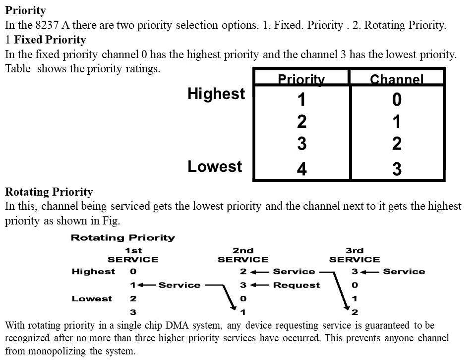In rotating priority, the priority is rotating. Initially we assign channel 0 as the highest priority and channel 3 as the lowest priority. When a service request is given and the channel is serviced, the channel being serviced gets the lowest priority and the channel next to it gets the highest priority, as shown in the figure.